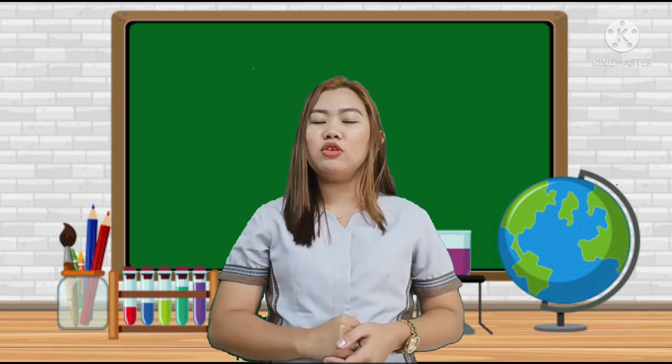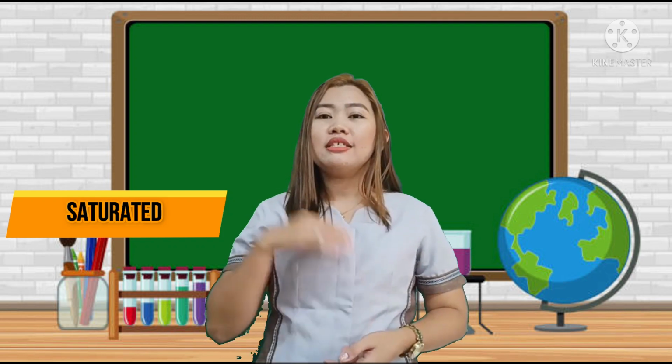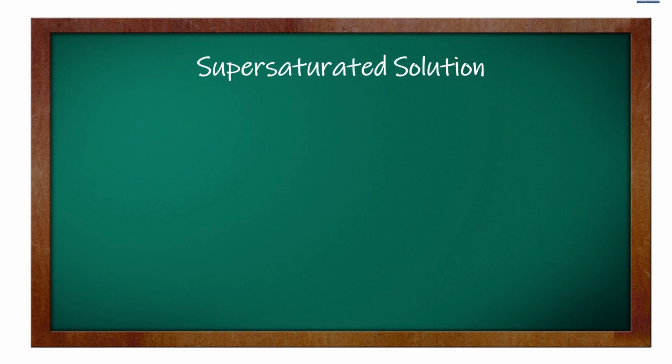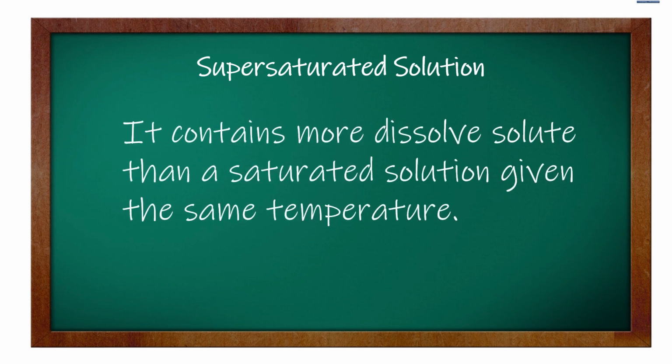But when there is a maximum amount of solute in a solvent, the solution is said to be saturated. Aside from saturated and unsaturated solutions, we also have supersaturated solutions. A supersaturated solution contains more dissolved solute than a saturated solution at the same temperature.